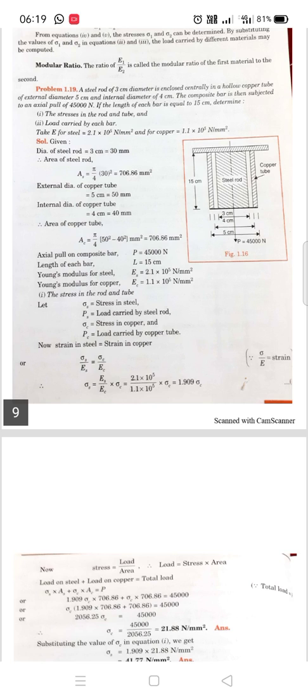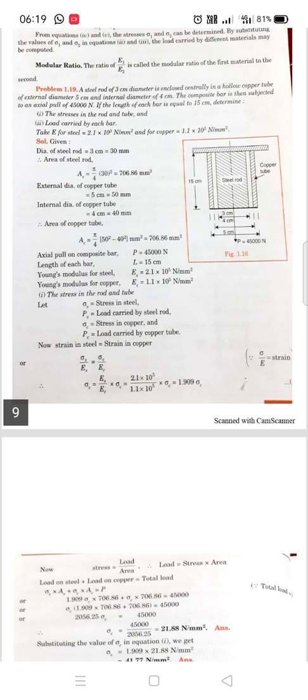The composite bar is then subjected to an axial pull of 45,000 Newton. If the length of each bar is equal to 15 centimeter, determine the stress in the rod and tube.